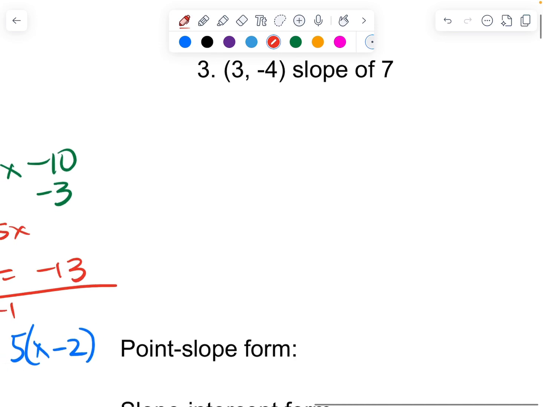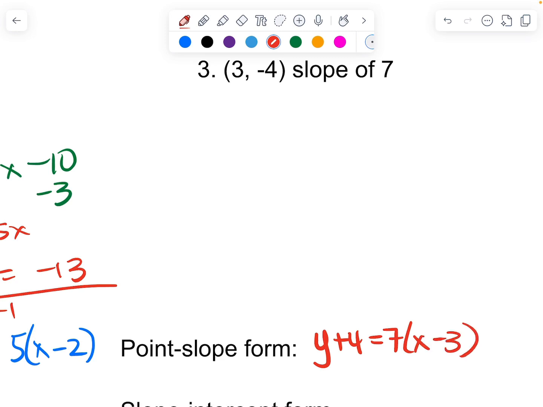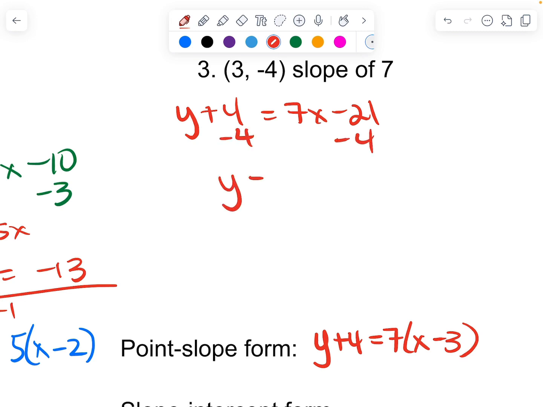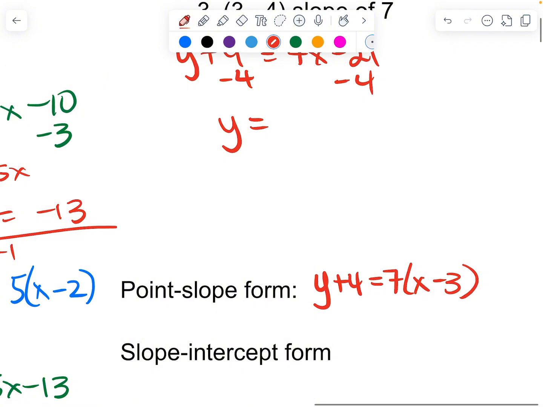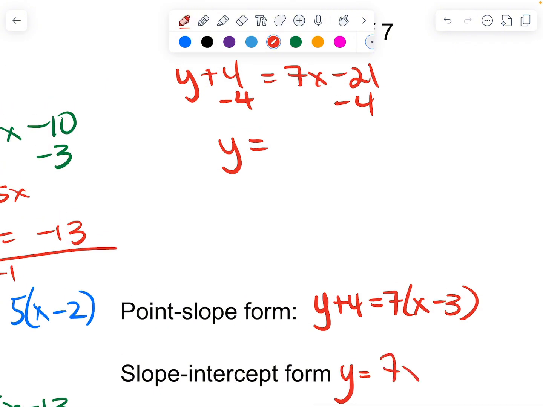Last but certainly not least, I would get y plus 4 equals 7 times the quantity x minus 3. I'm going to take that y plus 4 equals 7x minus 21. If I was going to do slope-intercept, I would have y equals 7x minus 25.